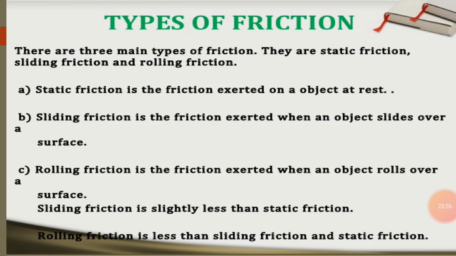This means that the frictional force acting between the wooden block and the table top has a maximum value beyond which it cannot increase. The force we are exerting in making the wooden block just tend to move or slip is equal but opposite to the force of friction.